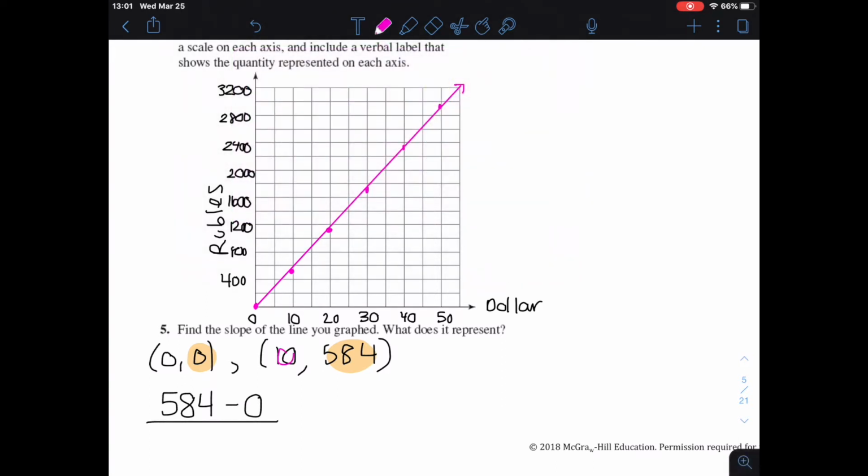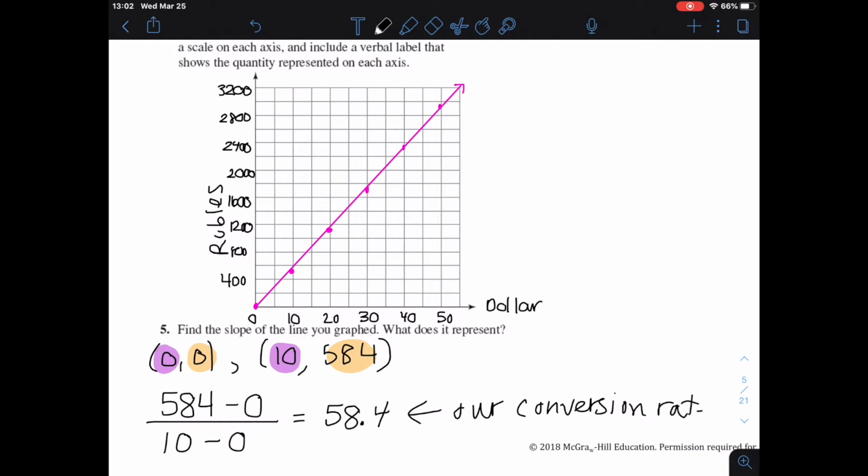Then you divide by the difference in the x values. You started with the 584 first, so I'm going to start with the 10 first. So we divide by 10 minus 0. This is equal to 58.4, which is exactly our conversion rate. So the slope of our line is just the conversion rate between these two currencies.